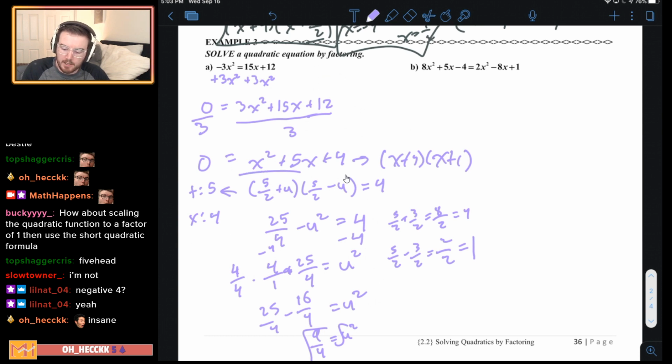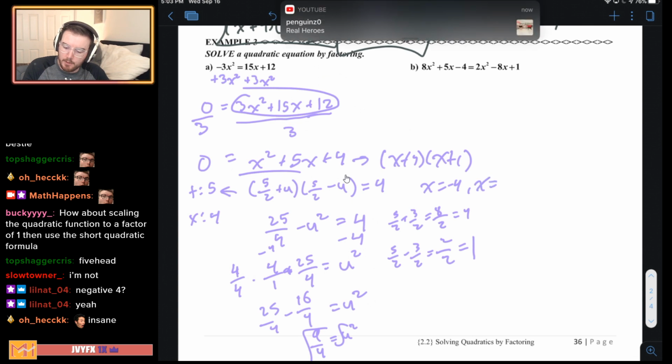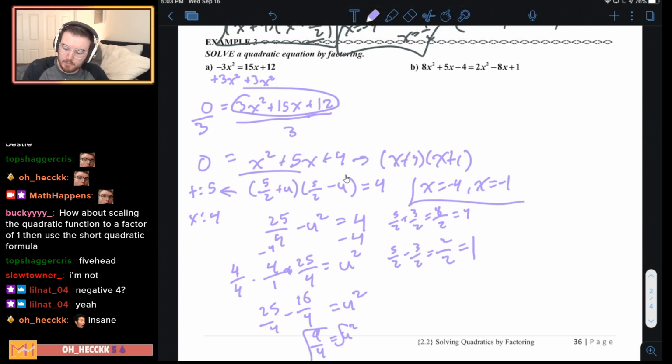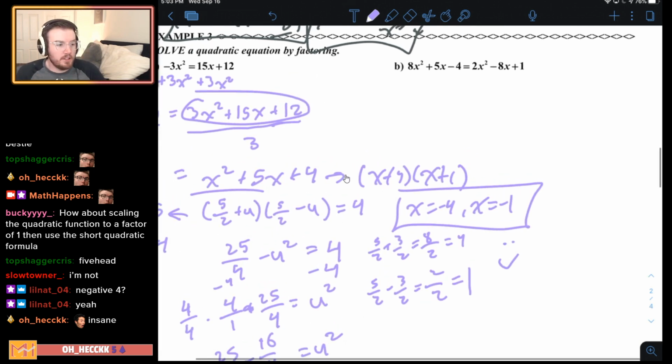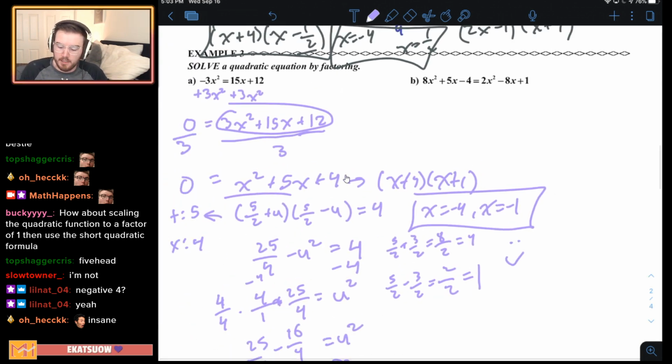So this factors into this, but remember, I started with this. So I need to multiply a 3 back in. I already have my answers. Don't get it mistaken. We already have our answers. X equals negative 4. X equals negative 1. But I do want to stress the fact that we're factoring.